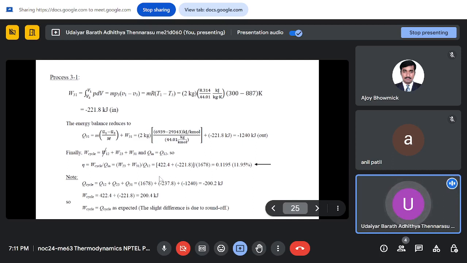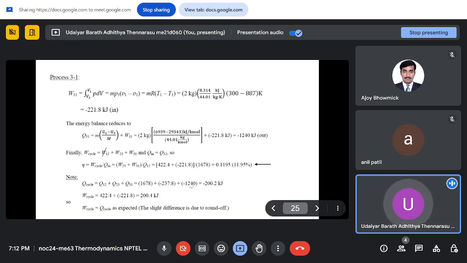And if you see, the net work done is minus 200.4 kilojoules, and the net heat transfer is 200.2. So in the cycle, the change in internal energy will be 0, so net Q going in is equal to net W. That's what you can see.